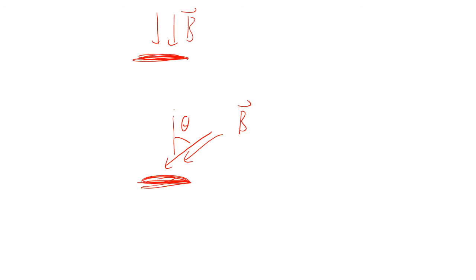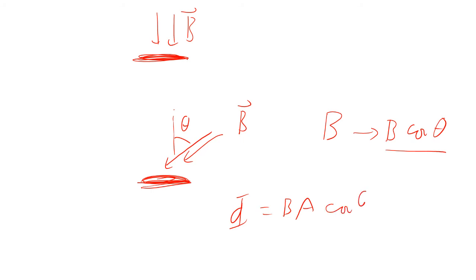Well, all that matters is the perpendicular component of the magnetic field. So in that case, instead of B, it would have been B cosine of the angle. So the flux would have been, instead of B times A, B times A times cosine of the angle. In this case, that angle was 0. It was directed perpendicular, so the angle relative to the normal was 0. So we just used B times A.